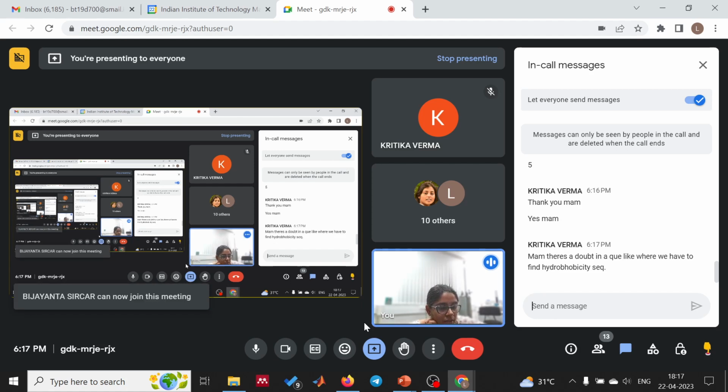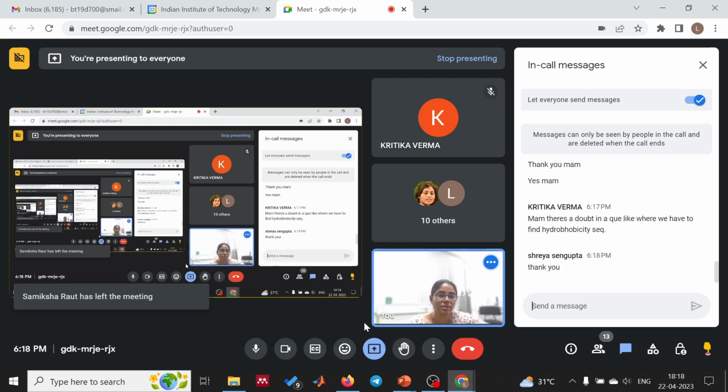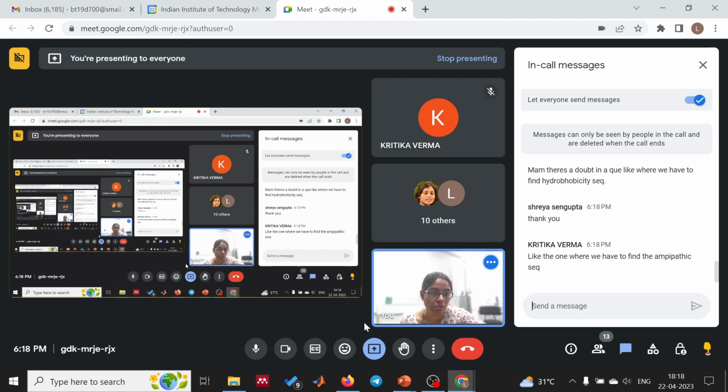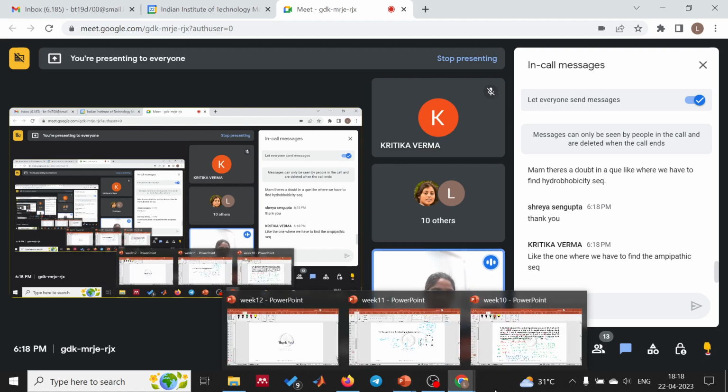There's a doubt in a question where we have to find hydrophobicity sequence. Which one, Kritika? Can you paste the question or tell me which week it belonged to? Amphipathic. Okay, so this was probably week 6 or 7. I don't remember.